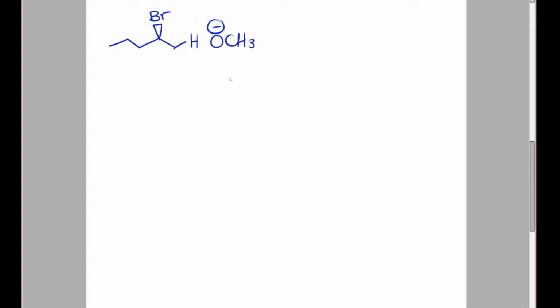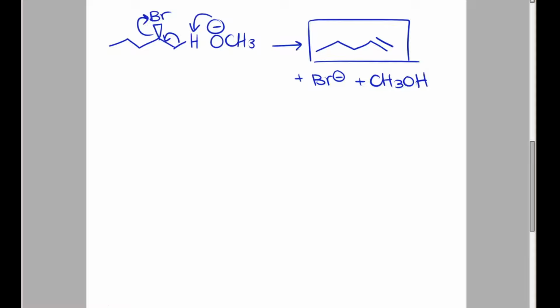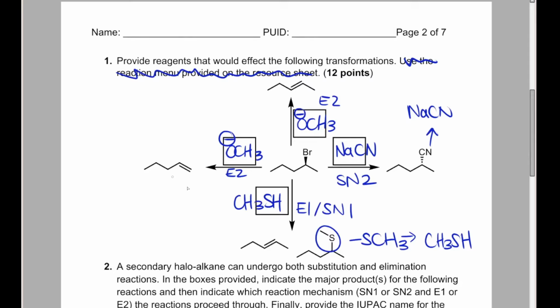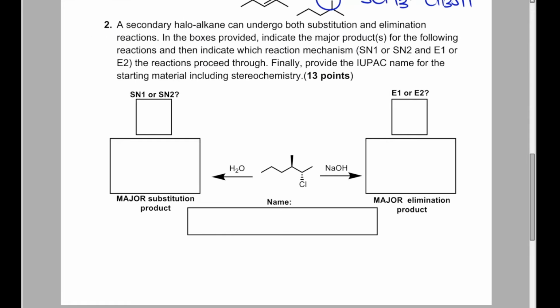And in this case, the strong base is going to accept this hydrogen atom, and then this bond will move over to create a double bond adjacent to it, and that's going to push this leaving group out. And we're going to get a result that looks like this. And we'll have Br minus and methanol, or CH3OH, as side products. And as you can see, this matches up with what we're given in this problem, and that's how you answer this question.